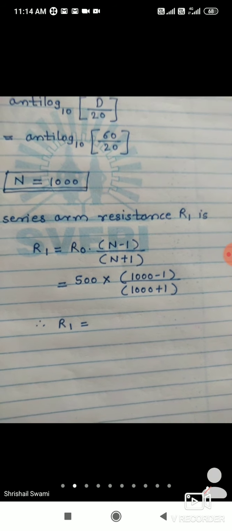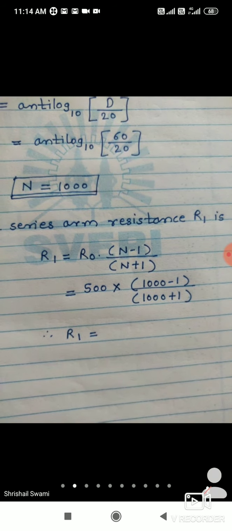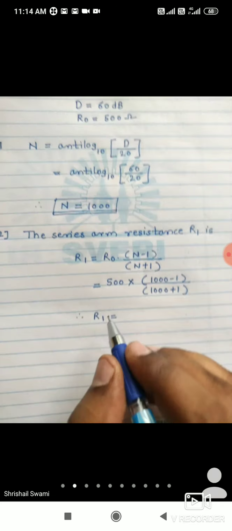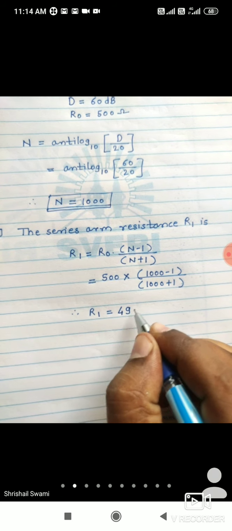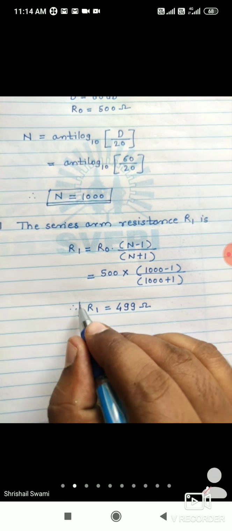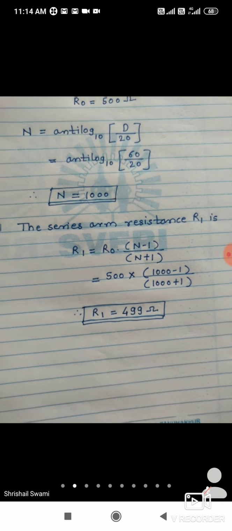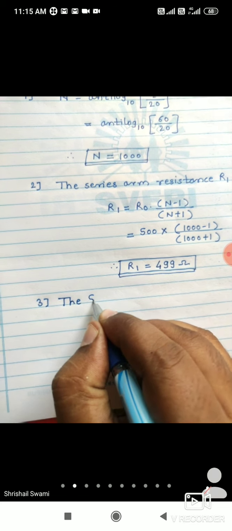What did you get? Yes, that is 499 ohm. That is the answer of R1. 499 ohm. Next, third one, the shunt arm.